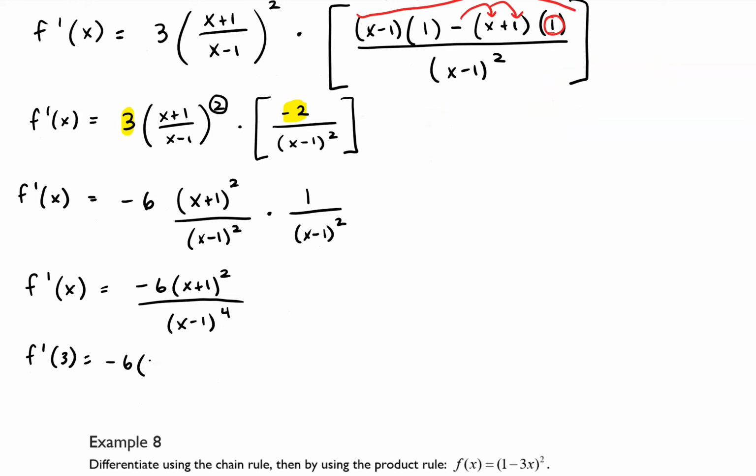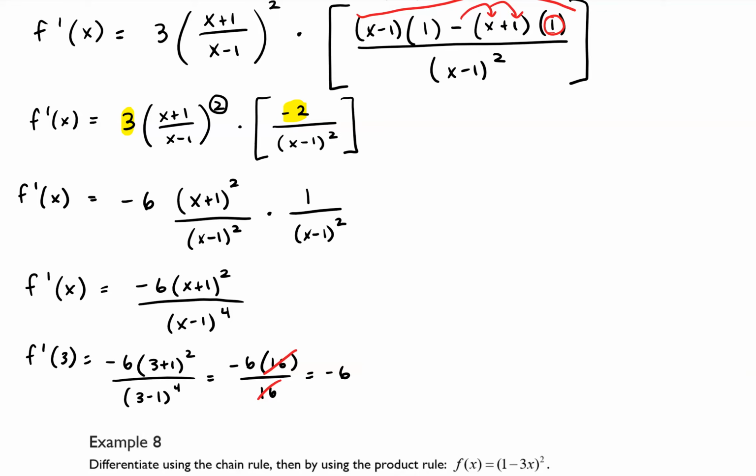So we have negative 6 times (3 plus 1) squared over (3 minus 1) to the 4th power, which gives us negative 6 times 4 squared is 16, over 2 to the 4th power, which is also 16. So the 16s will divide out and give us negative 6. So we found the slope of the tangent line.